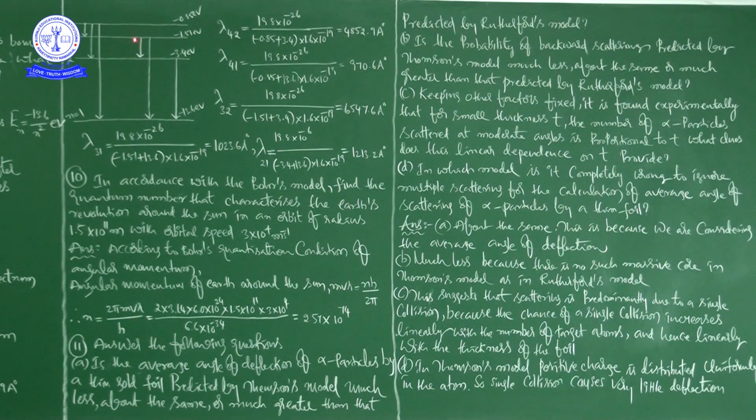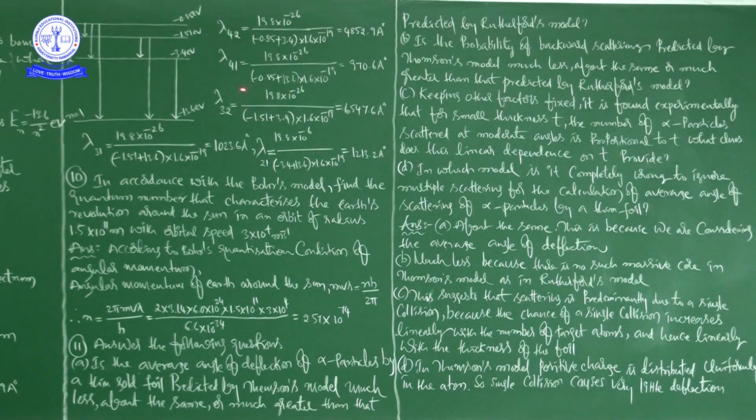And here when you are taking 3 to 2, lambda 32, you will get 6,547.6 angstrom units, okay, right?